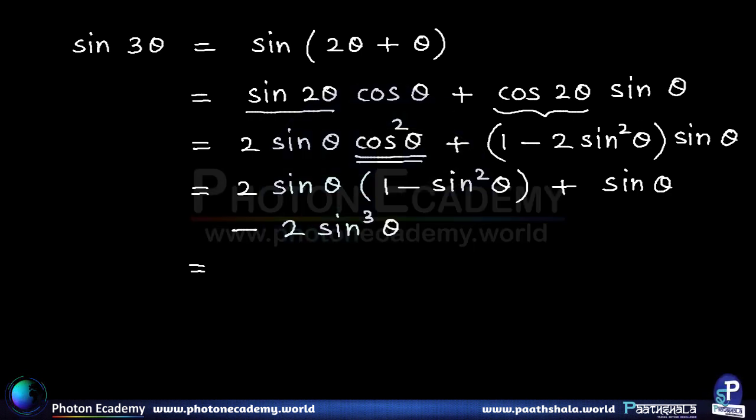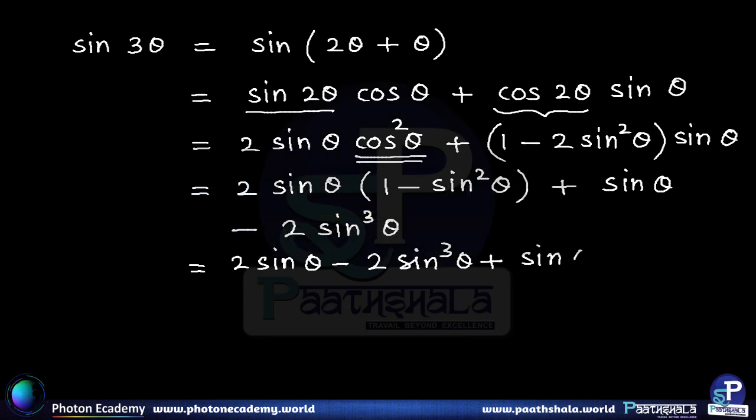So expanding the first term, we have 2 sin theta minus 2 sin cube theta plus sin theta minus 2 sin cube theta.